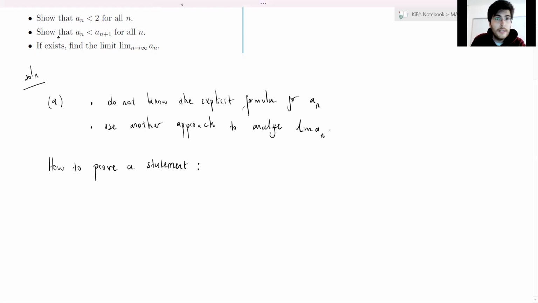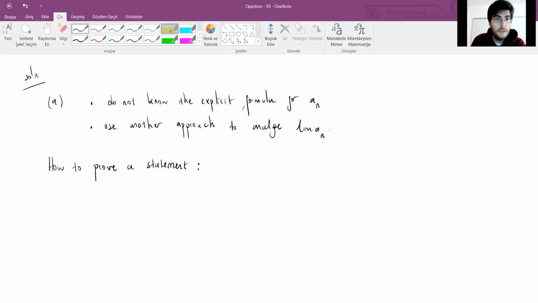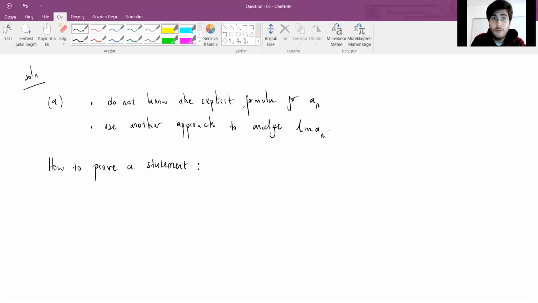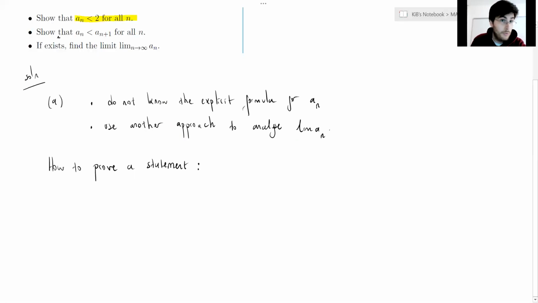We need to show that an is less than 2 for all n. So we need to prove this statement in a mathematical way. You can test it using certain values, but this is not a proof.